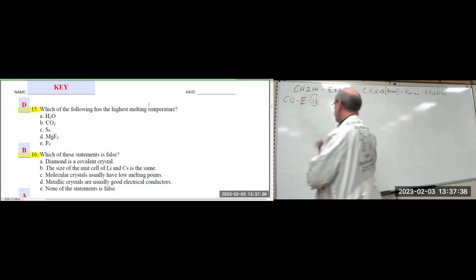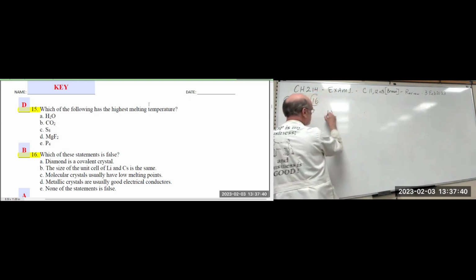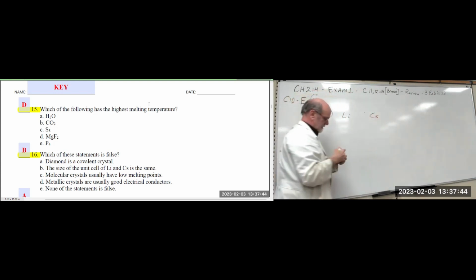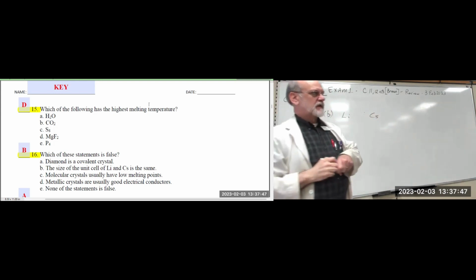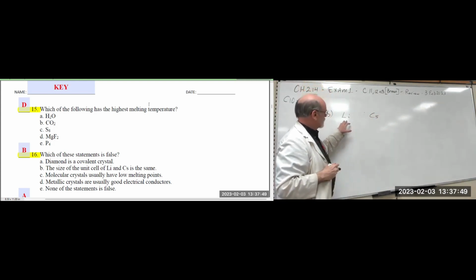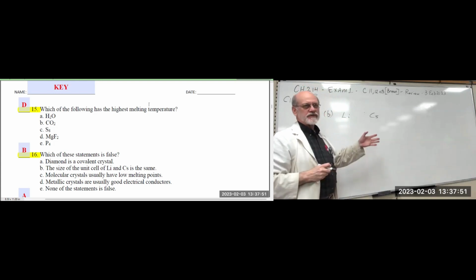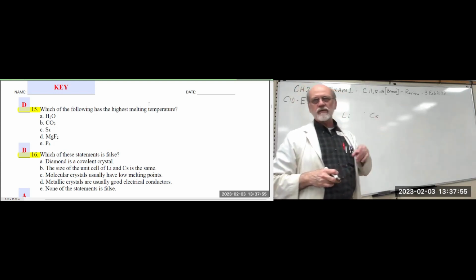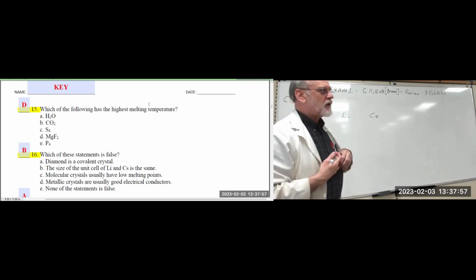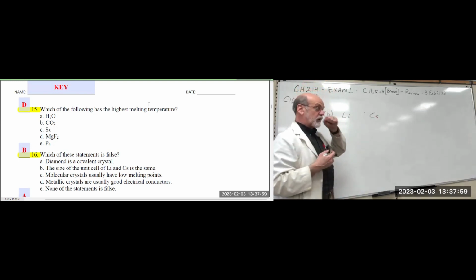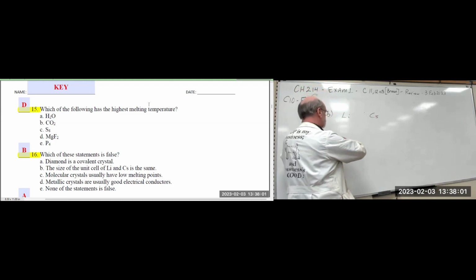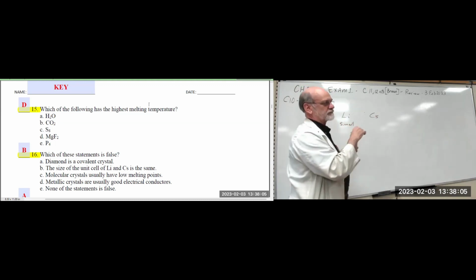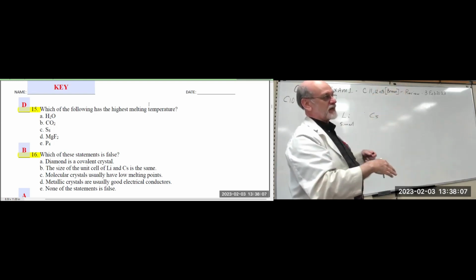Consider this. Lithium and cesium, if they are the same unit cell, probably either body-centered cubic or face-centered cubic, one or the other. What's the difference between the two? Lithium is a small atom. Look where it is, the top of the alkali metals.